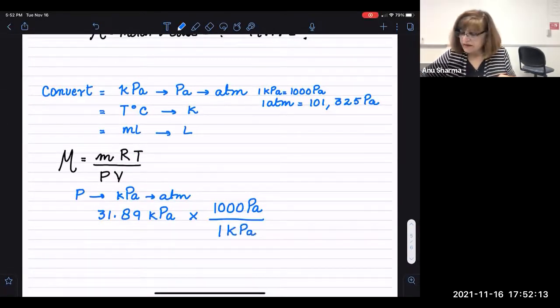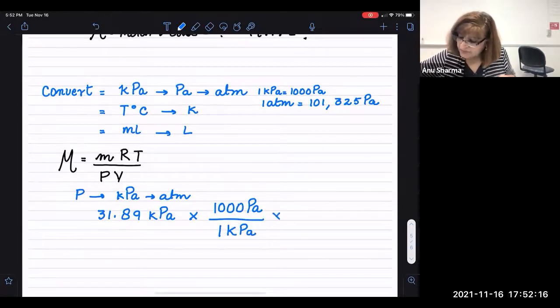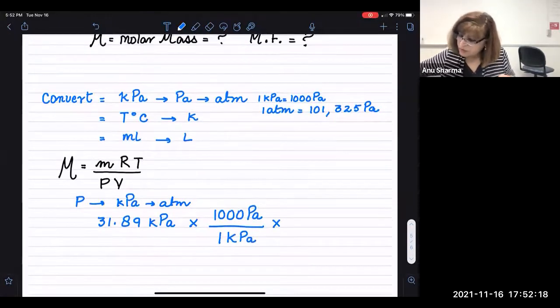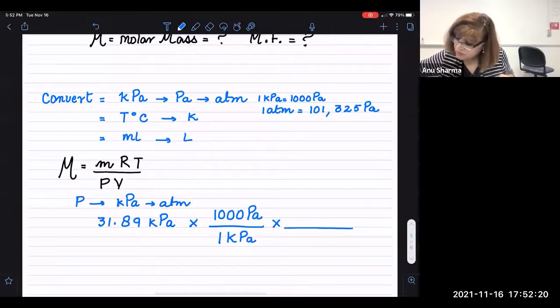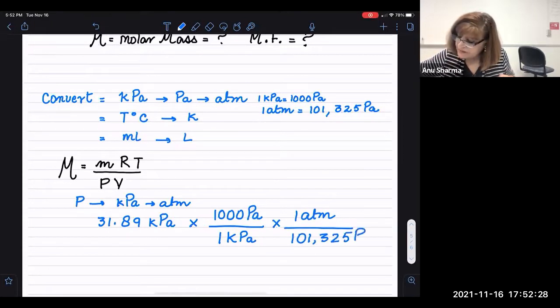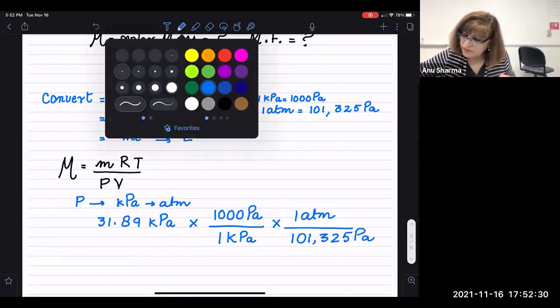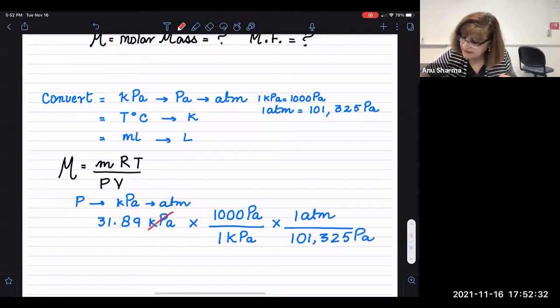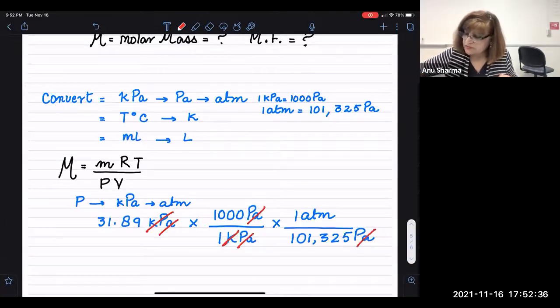All right. And then times 1 ATM over 101.325 pascals. Okay, so we see now that kilopascal and kilopascal cancel out, pascal and pascals cancel out.